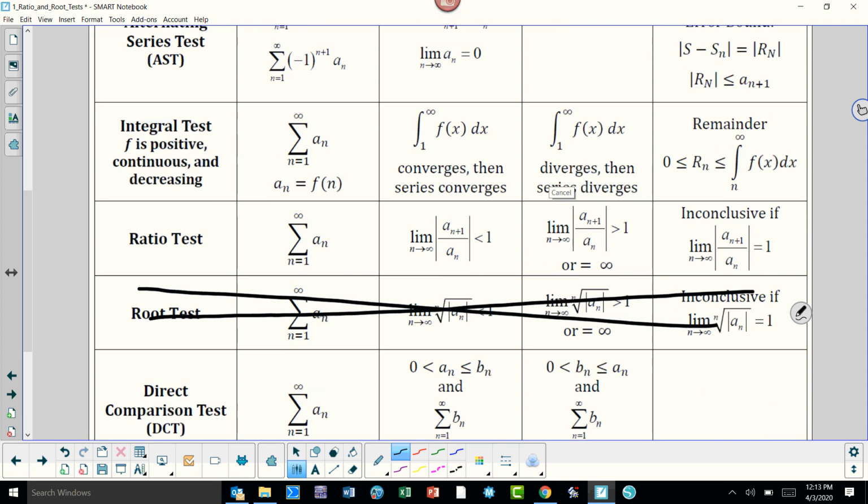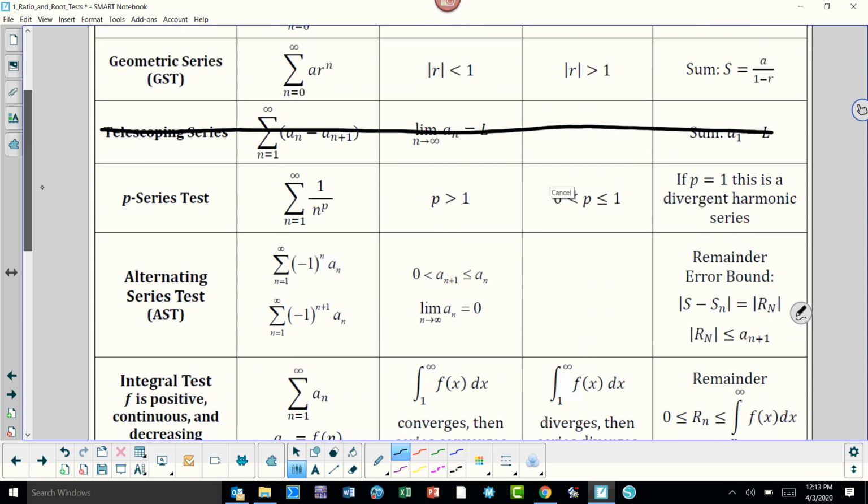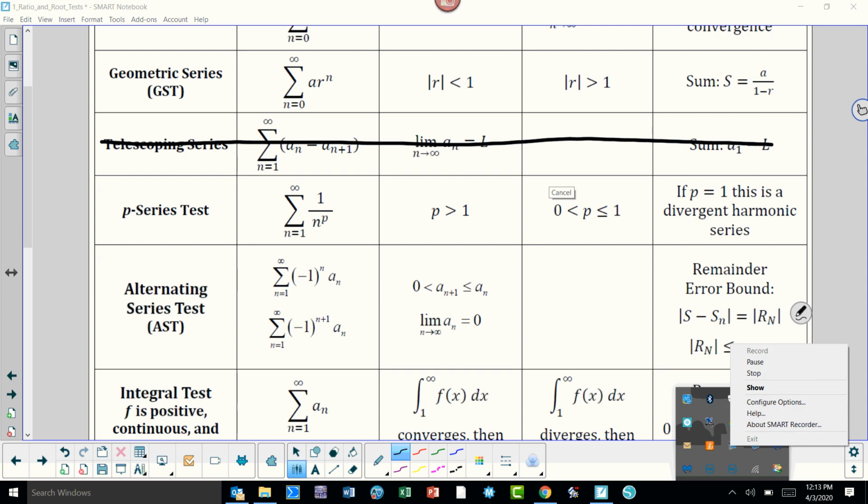Ratio test, you're going to think of the ratio test definitely when you see factorials. Alternating series is obvious, P series, geometric, and so on. Okay, so make some notes next to that, and that's a very good chart to have to help you organize all of those. So that is everything on the ratio test and kind of a summary of everything about the test that we've done.